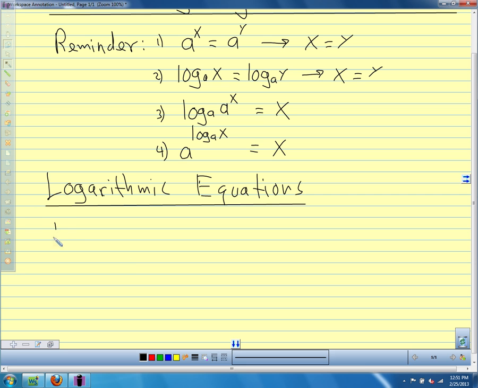So the first way that we're going to solve logarithmic equations is get the logarithm by itself on one side.